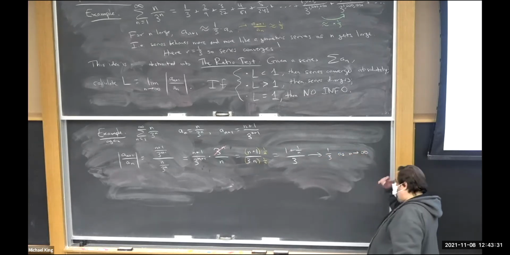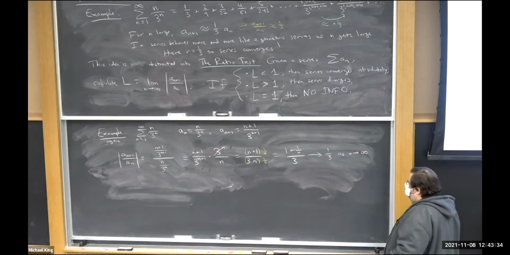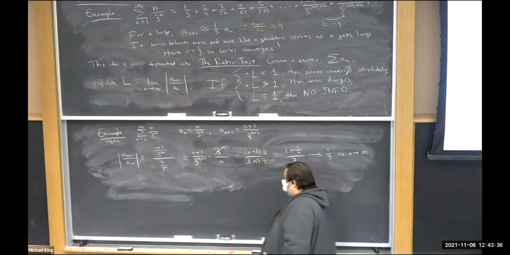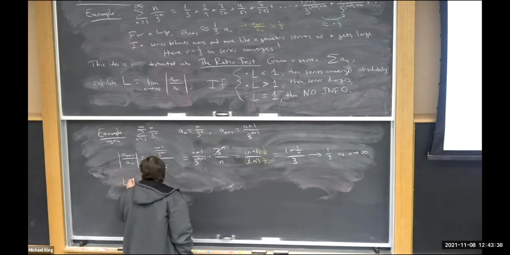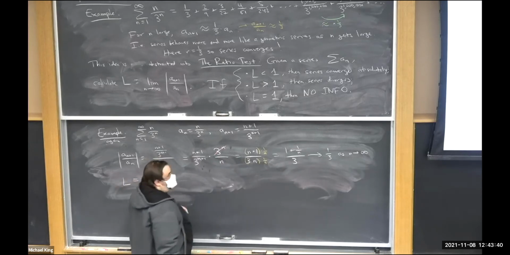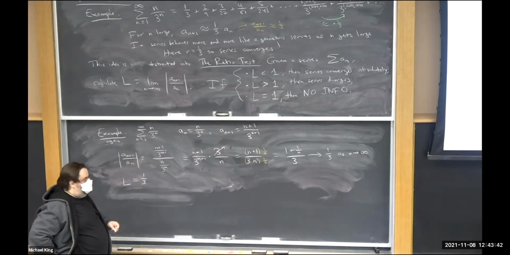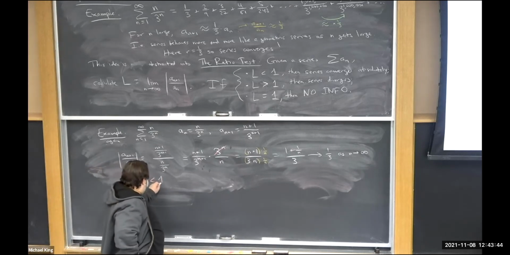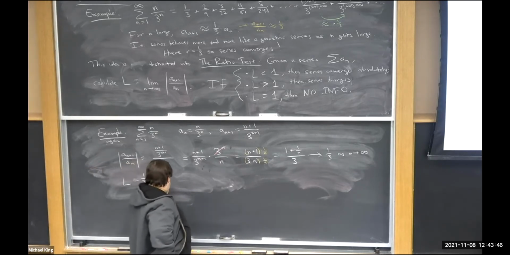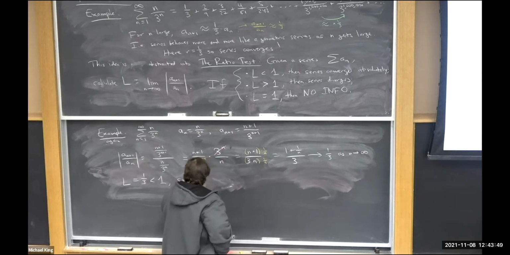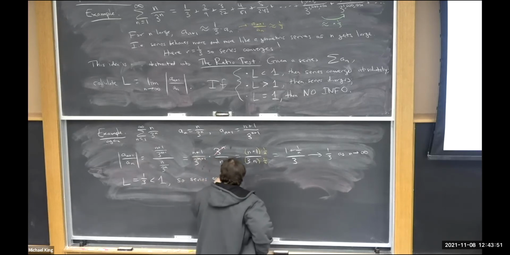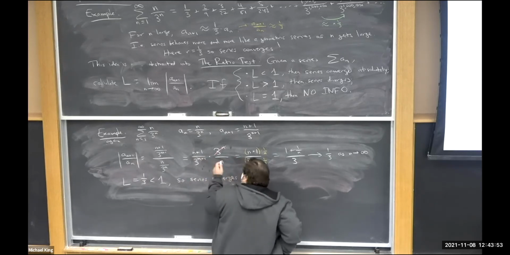So that's the L, right? I didn't actually write the limit, but L equals 1/3. Which is exactly what we set up in the example when I looked at it informally. L equals 1/3. 1/3 is less than 1 last time I checked, so the series converges. Converges absolutely, although here that also doesn't mean anything because the terms are already positive.